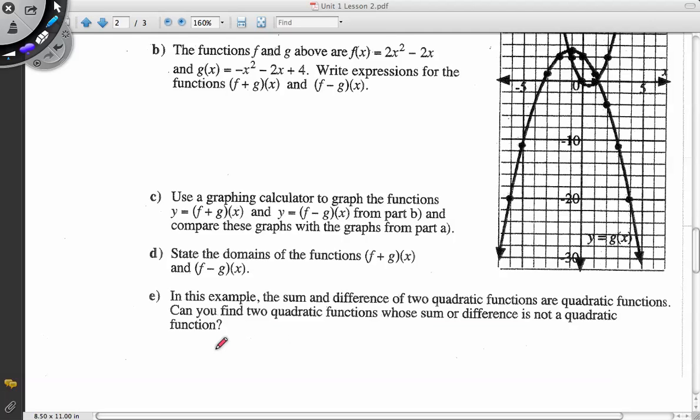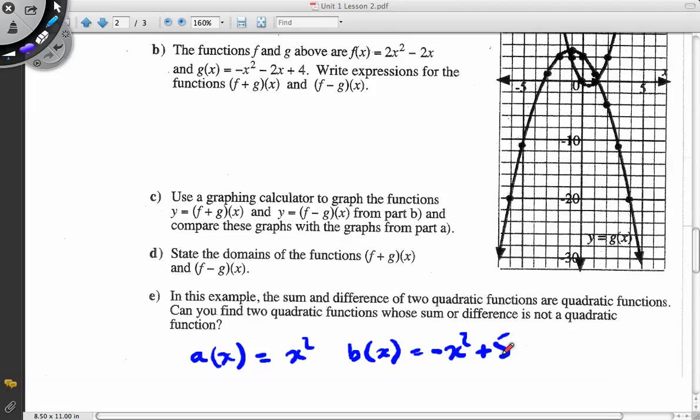Well, again, similar to last time, you can take a quadratic function and you can call it anything you want, a, b, c, or whatever. If we call it a of x and just write x squared, there's a quadratic function. And b of x could also be something like negative x squared plus 5.